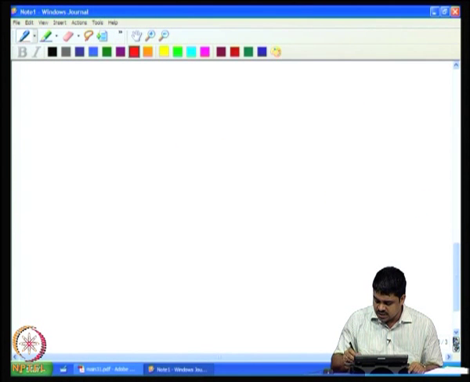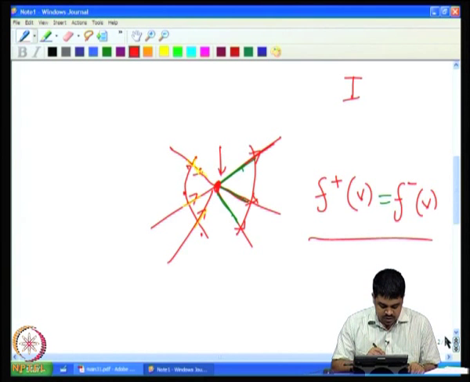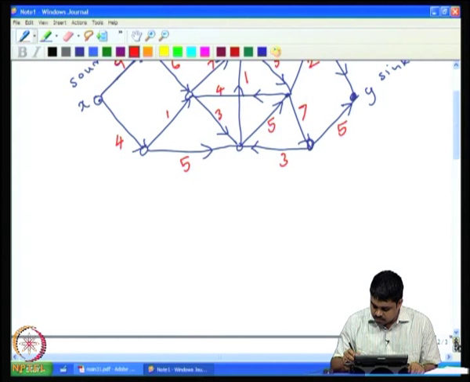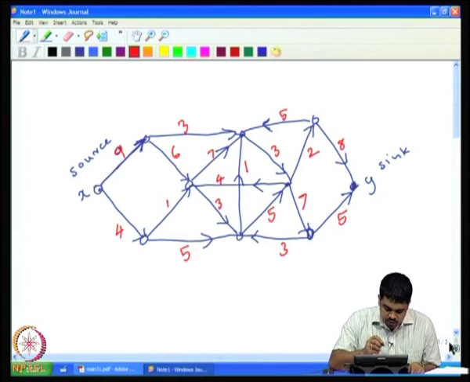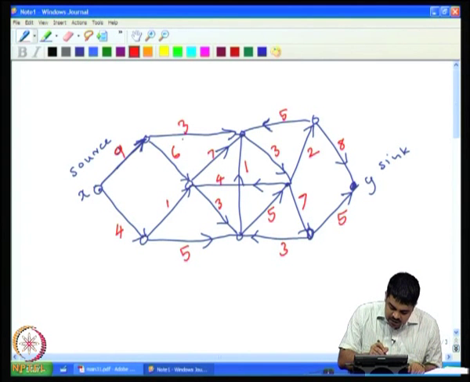So, if this condition is met for a real valued function on the network, then it is called a flow on this network. That function f defined on the arc set is a flow. One should not misunderstand or misinterpret the C values and the F values.